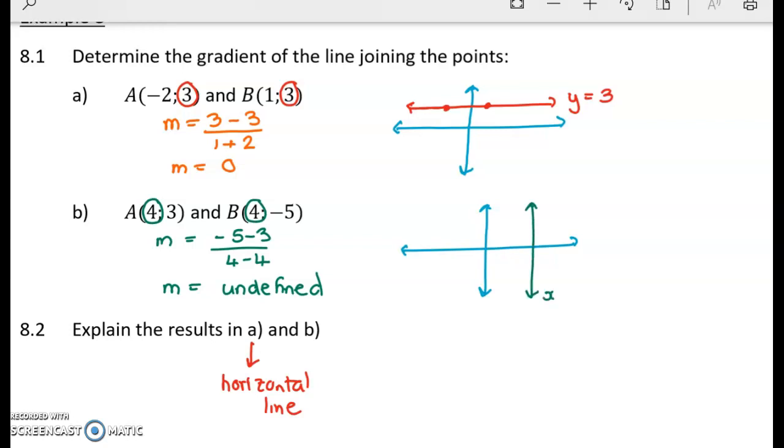So this is the vertical. This is 4, 3. They might not ask you that type of question in an exam, but don't worry if you ever do come across gradients that are 0 or undefined if you've drawn a vertical or a horizontal line.